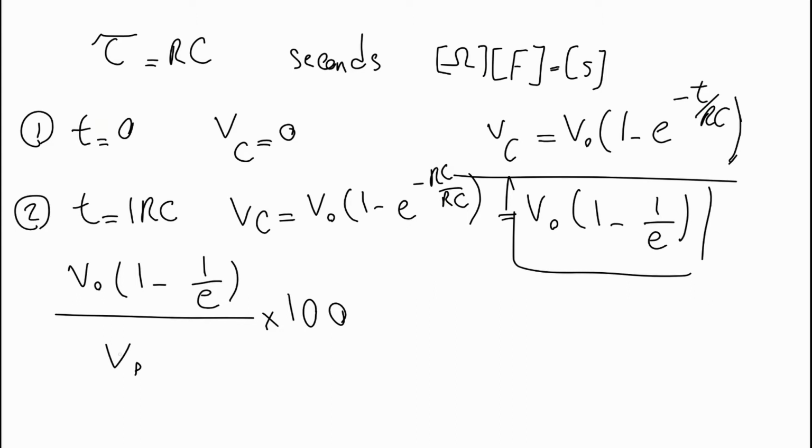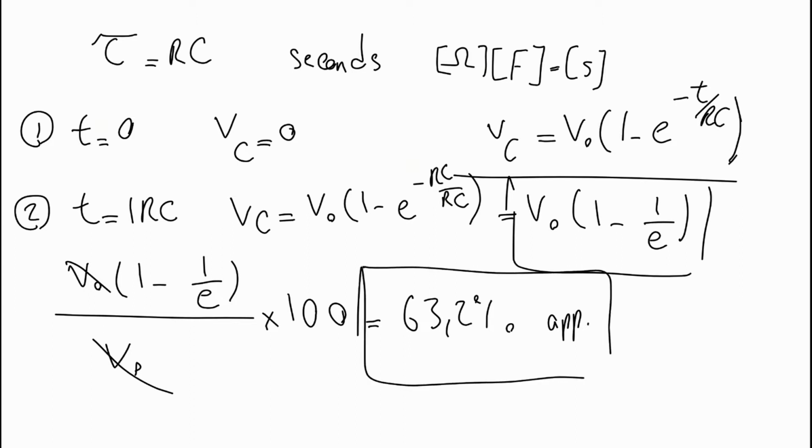So these two are gone, and this gives us approximately 63.2%. So after one time constant, 63.2% of the maximum voltage is across the capacitor. And with time, it actually goes higher, but the rate of change is different.